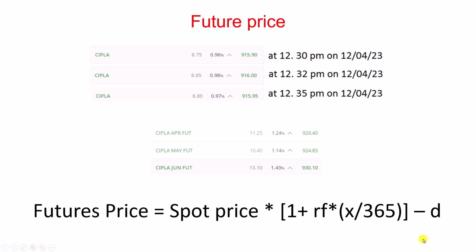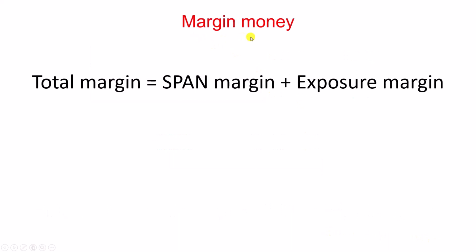Proceeding further, the margin money that one has to pay while buying or selling futures is calculated like this. So this total margin is what you need to pay to the broker. Now total margin is equal to span margin plus exposure margin.